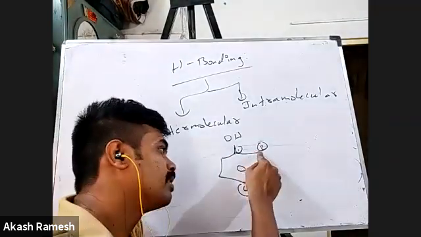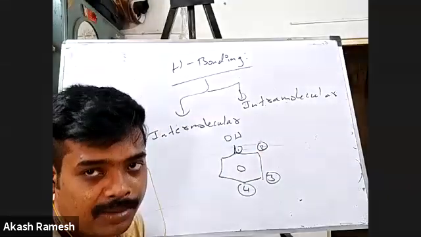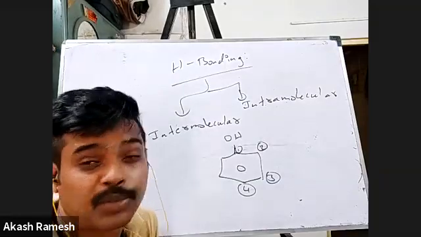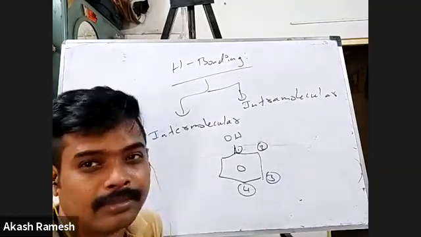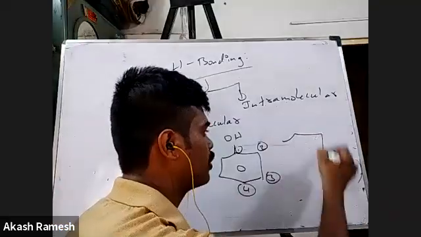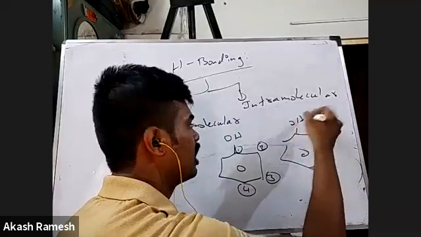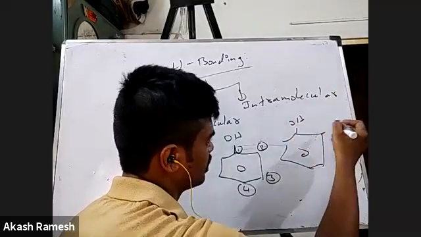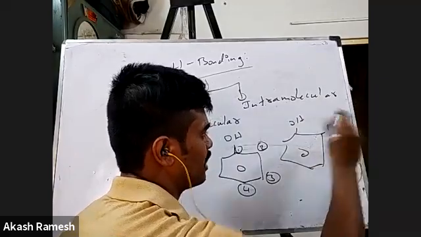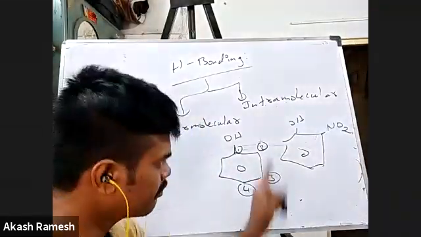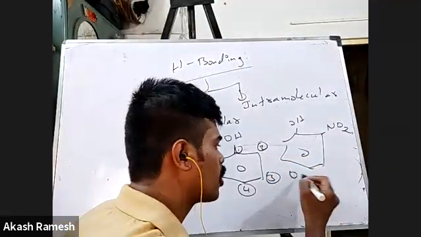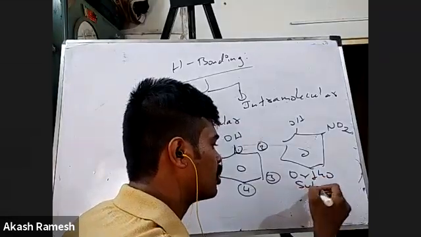If you put the second group in the second position, it is going to be called ortho substituted. I know it is going to be a little clumsy, but please try to understand. If I put OH and one more OH group, or NH2 or NO2, or any other group, and this is position 1, this is position 2, this is called ortho substituted.